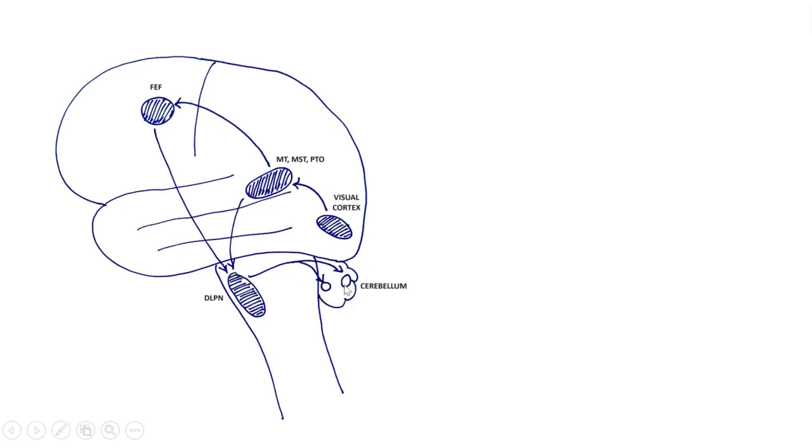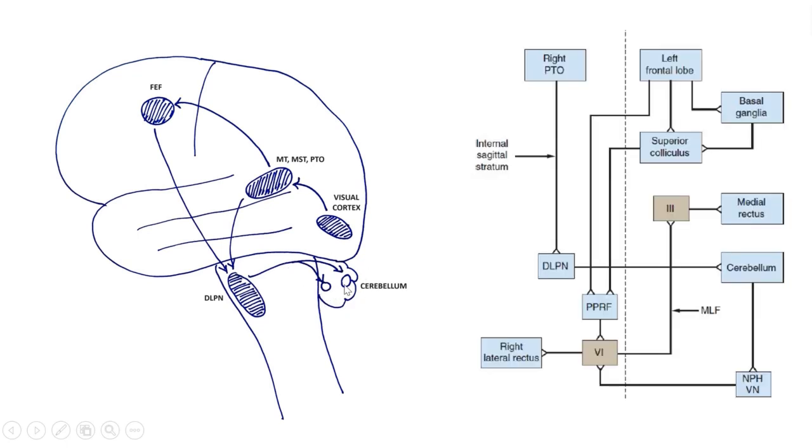So what happens to this information after it reaches the cerebellum? Here again, like in the previous picture, the cerebellum sends information to our NPH and vestibular nucleus, which then sends it to the PPRF region over here and causes the eyes to look towards the same side as the stimulated PPRF. So if the right PTO is stimulated, it will eventually end up stimulating the same-sided PPRF.